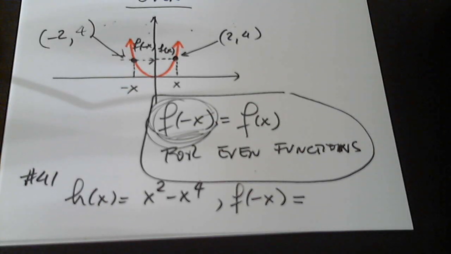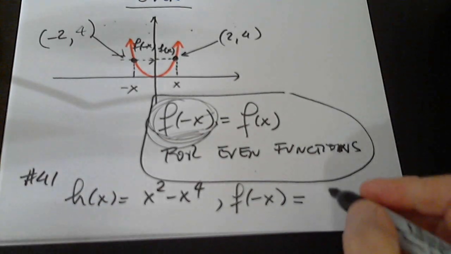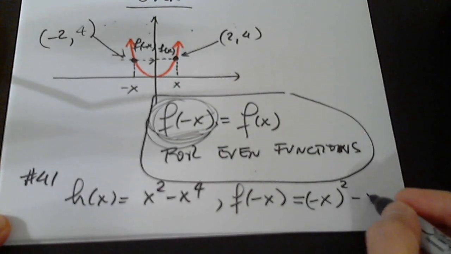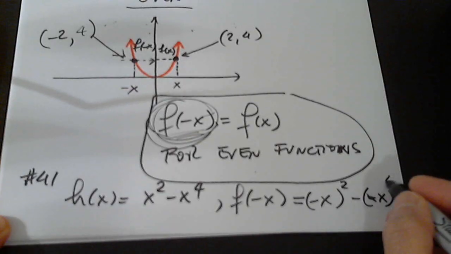What would you say? What is f of negative x? What does it equal to? Remember, it's negative x squared minus negative x to the fourth.